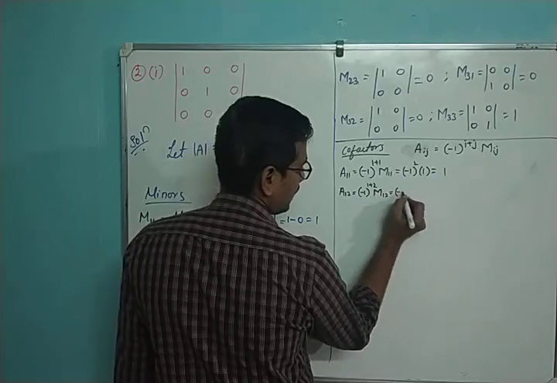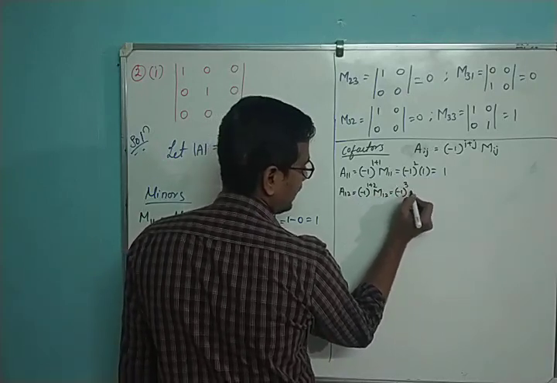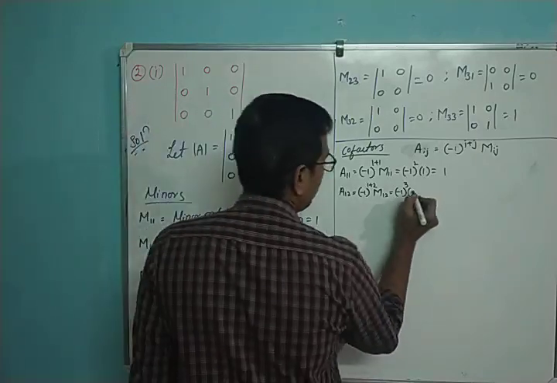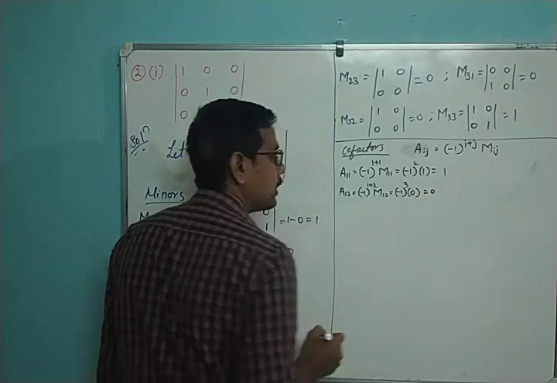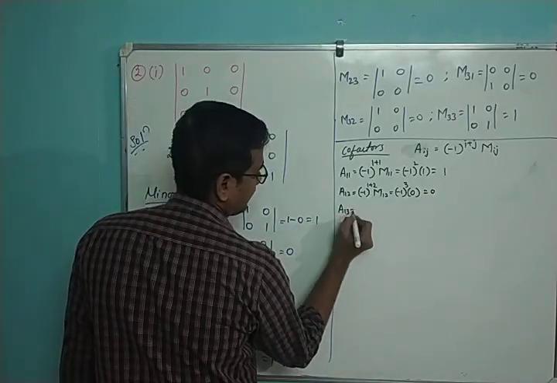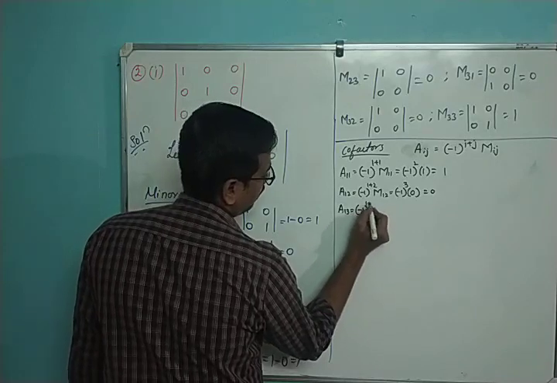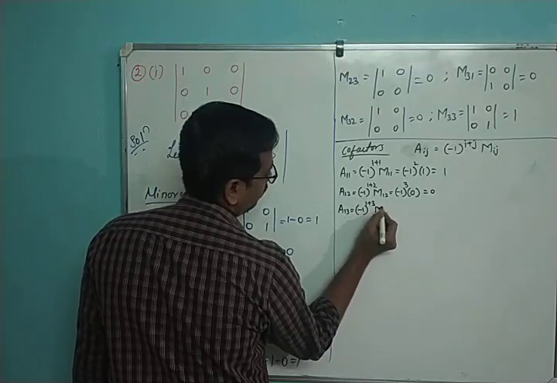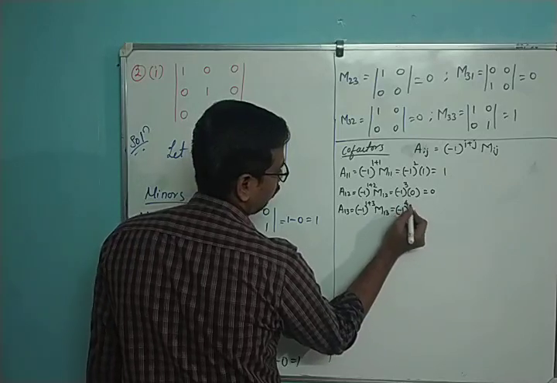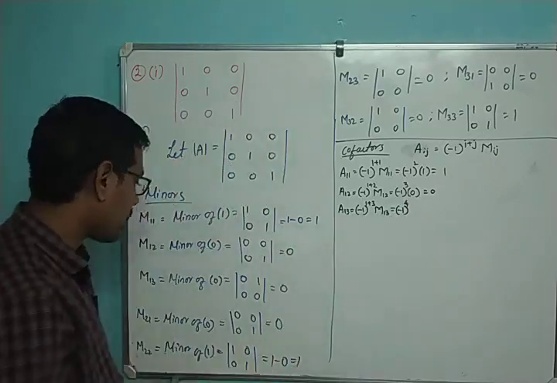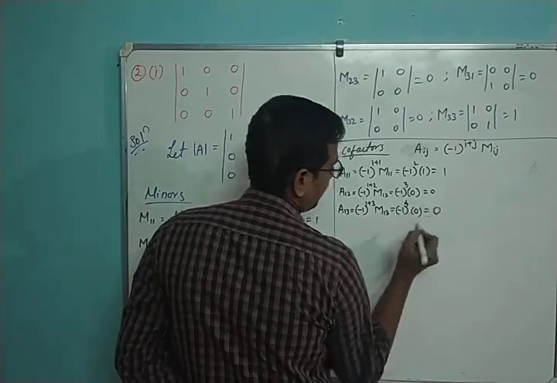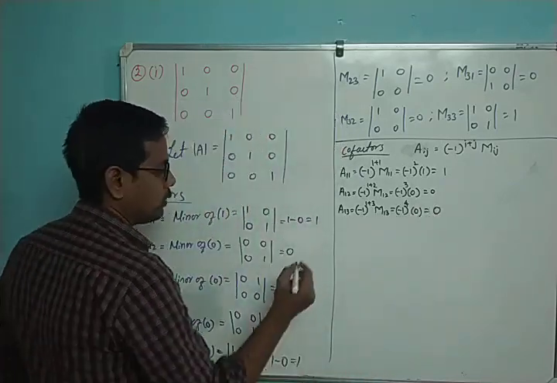So this is minus 1 to the power 3 into M12, which is 0. So it will be equal to 0. A13 is minus 1 to the power 1 plus 3 into M13. So minus 1 to the power 4 into M13, which is 0. So it will be equal to 0.